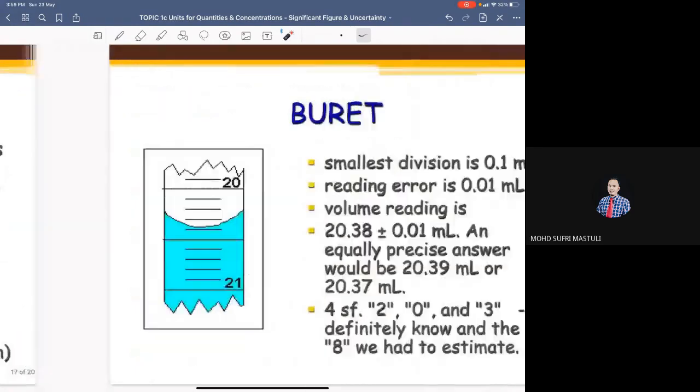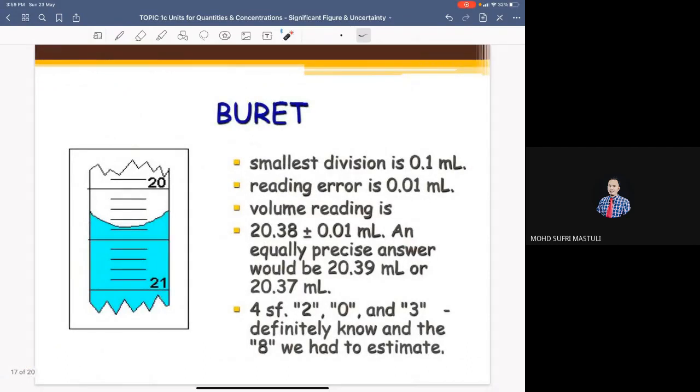The burette is quite similar to the graduated cylinder. The smallest division is 0.1: 20, 21. So meaning that here it should be 20.5.